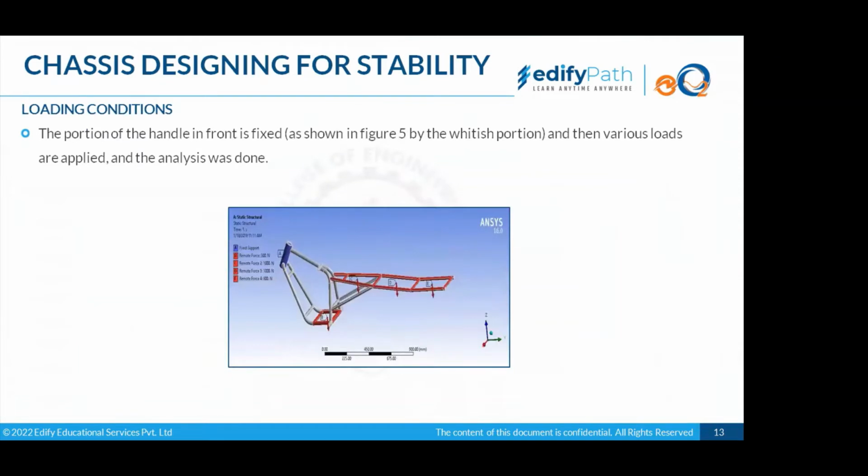So chassis designing parameters. Initially we spoke about the basic factors or questions that we have to answer when we are designing a chassis. So loading condition: the portion of the handle in front is fixed, as shown in figure 5 by the whitish portion, and then various loads are applied and the analysis was done.